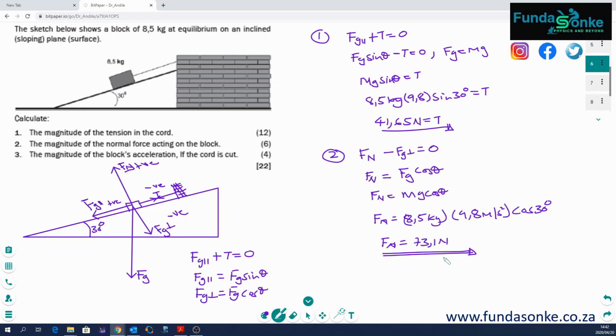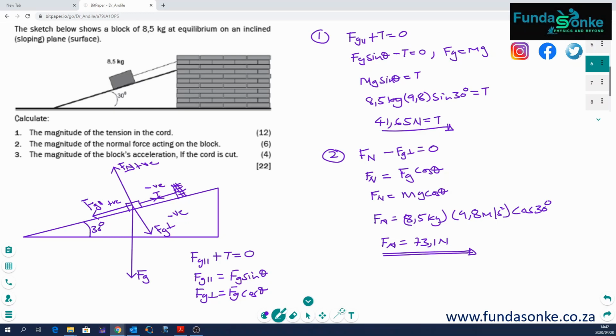Now, the third question rather, they want us to calculate the magnitude of the block's acceleration if the cord is cut. So in this case, if the cord is cut, then there is no tension acting on the object.